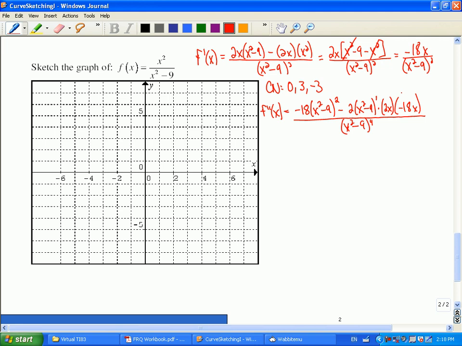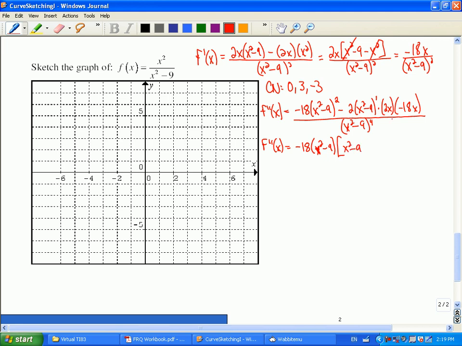So I'm going to try and take as much as I can out. This piece here, I can take out, they all have a negative 18, and they all have an x squared minus 9. So that's what I'm going to try to factor out here before I do any collecting like terms or anything like that. I'll have negative 18 times x squared minus 9. And then what I'm left with, this piece will only have 1 x squared minus 9.